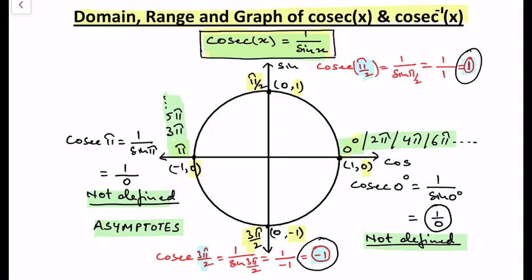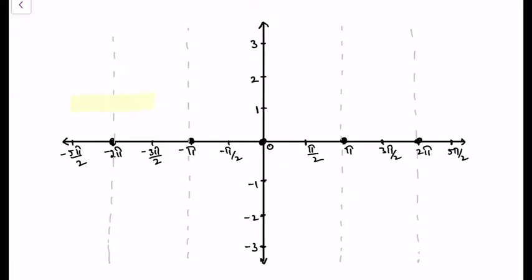So the range for cosec x will be opposite to this, so it will be less than minus 1 and greater than 1. So the graph of cosec x will be in this yellow region.